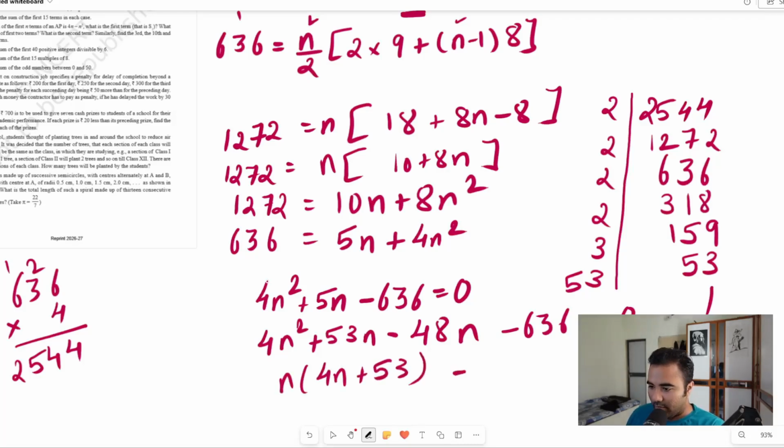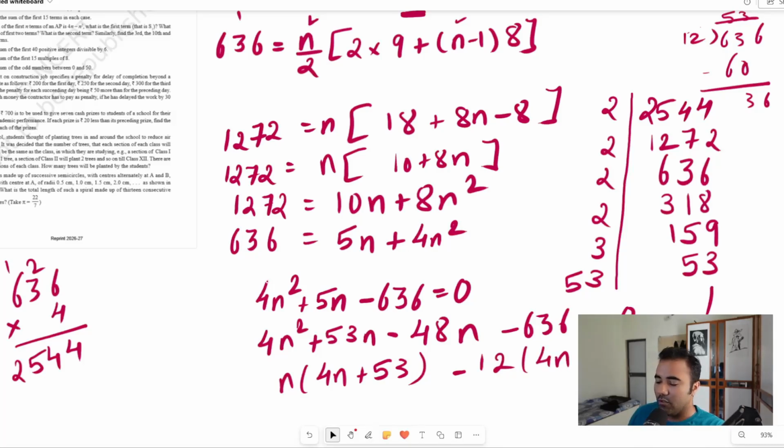And if we take minus 12 common, dividing 636, 12 fives are 60, 12 threes are 36, 53. Then we take 12 common over here, and then we again get 4n plus 53.